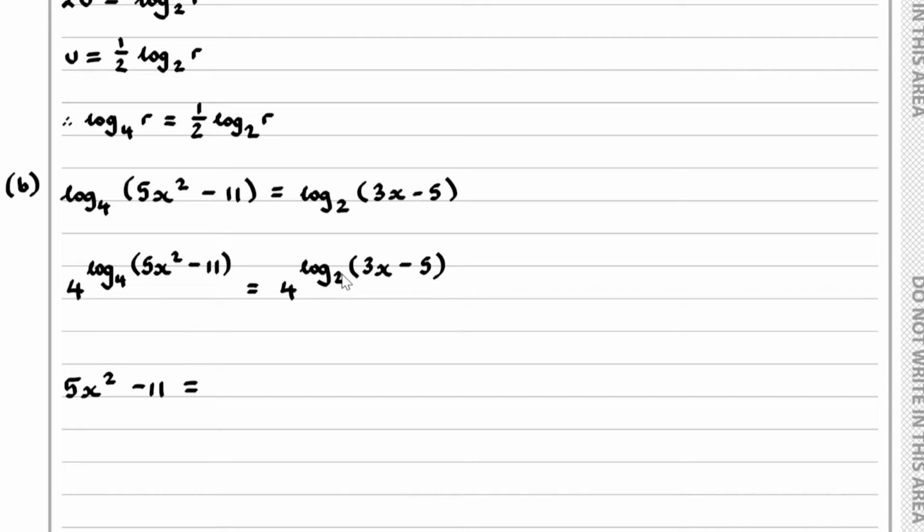And what we can do is recognize that 4 is the same as 2 squared. So we have 2 squared, and then 2 squared is being raised to the power of log base 2 of 3x minus 5.